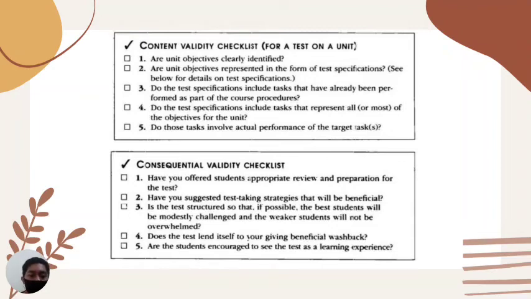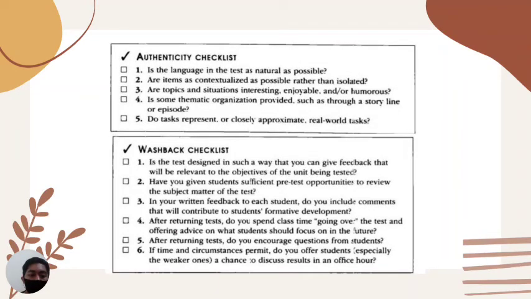And the fifth, the consequential validity checklist. The sixth, the authenticity checklist. And the seventh, the washback checklist.